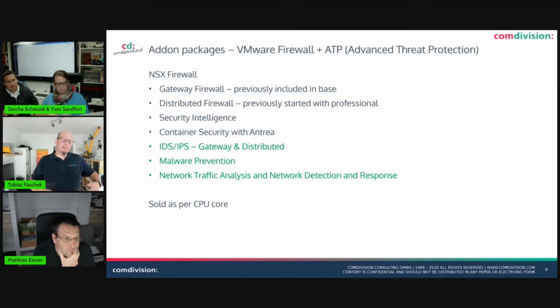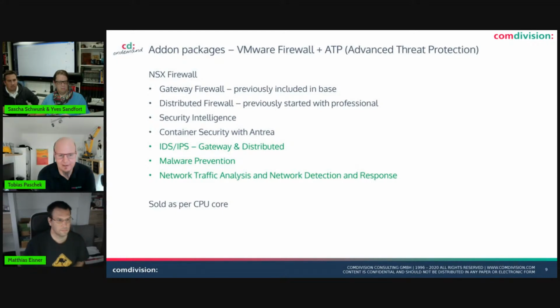But also, as we mentioned before, in the long run we have heard some rumors. We always say we don't talk about rumors, but we clearly heard that the long-term plan is to have per tenant VCF and workload domain deployment. Then it makes perfect sense. But let's see what the future really brings here.